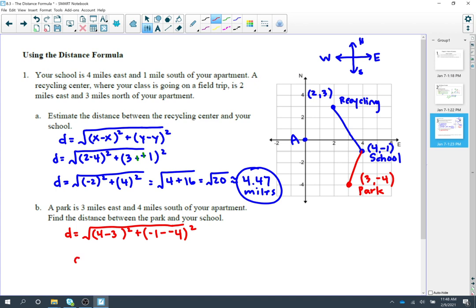If we simplify that a little bit, 4 minus 3 is 1, so we have 1 squared, plus, keep in mind, these two really go to positive, so that gives me 3 squared. We still have our square root. 1 squared is 1, plus 3 squared is 9, which gives us the square root of 10. Using our calculator, we get approximately 3.16 miles.